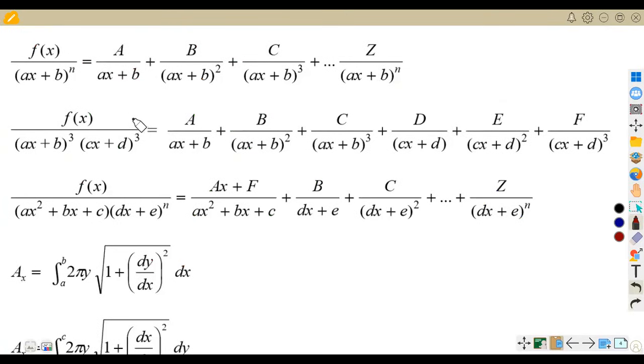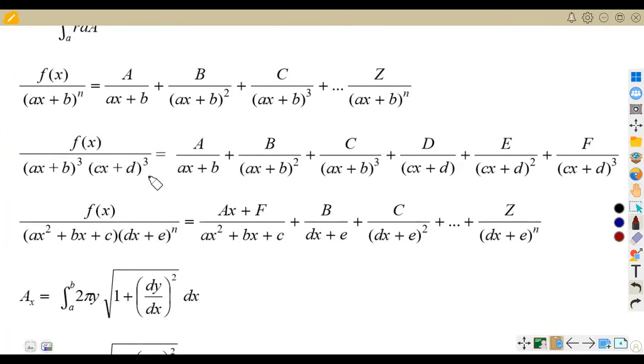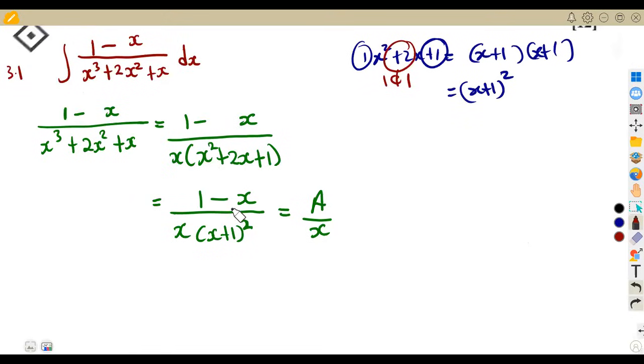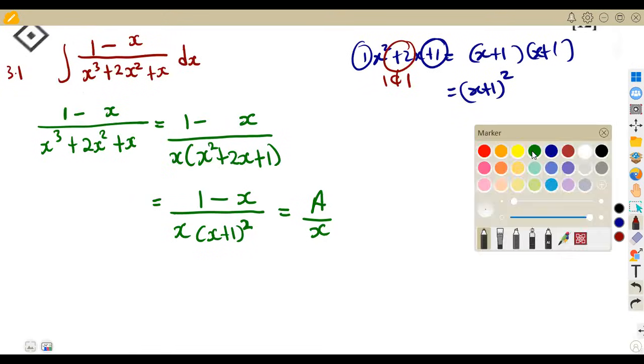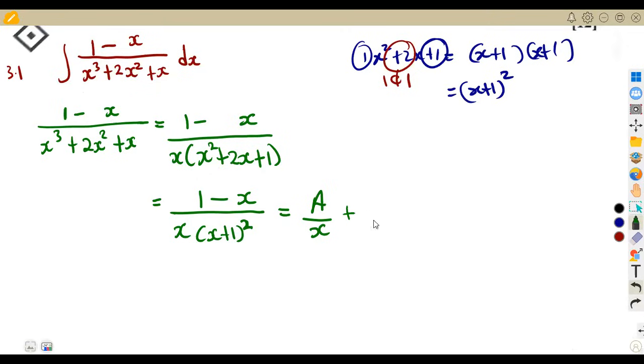From your formula sheet, for f of x over ax plus b raised to a certain exponent, it is going to be A over ax plus b, plus B over ax plus b squared, and so on up to the last exponent n. Here the exponent was 2, so we start with the first term, plus B over x plus 1.